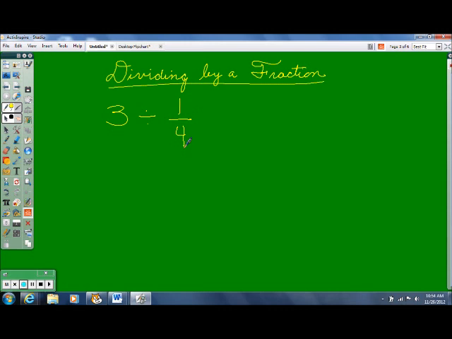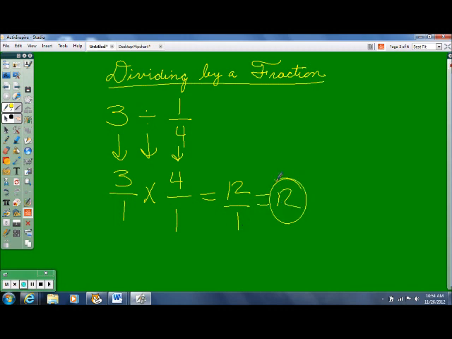Now you guys already know the process is pretty simple. You'll bring down your whole number, put it over 1, bring down your division sign, change it to multiplication, bring down your fraction, writing the reciprocal, which is 4 over 1, and then multiply. Take a moment to see if there's any cross-canceling that can be done. In this case, there is not, so we're going to simply put 12 over 1, which the answer is 12.